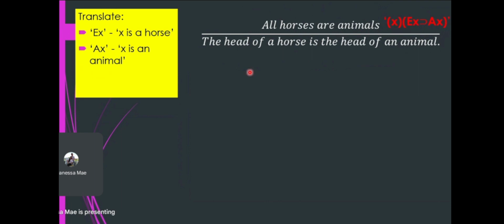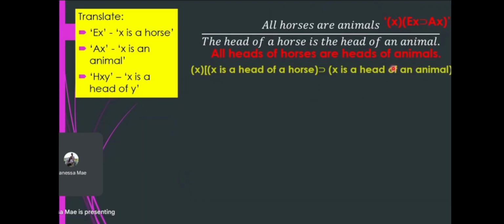The word "the" has the same sense that it does in such propositions as "the whale is an animal" or "the burnt child dreads the fire." So in this sense, we can paraphrase our conclusion as: all heads of horses are heads of animals.